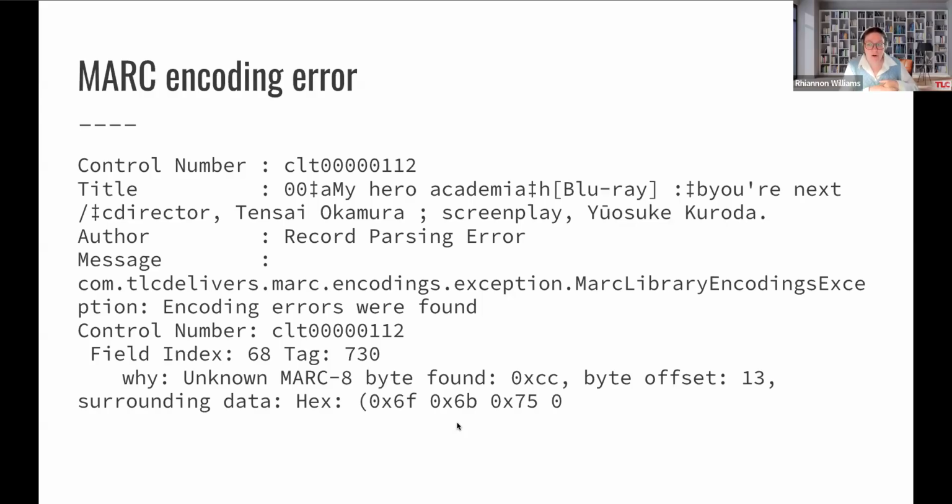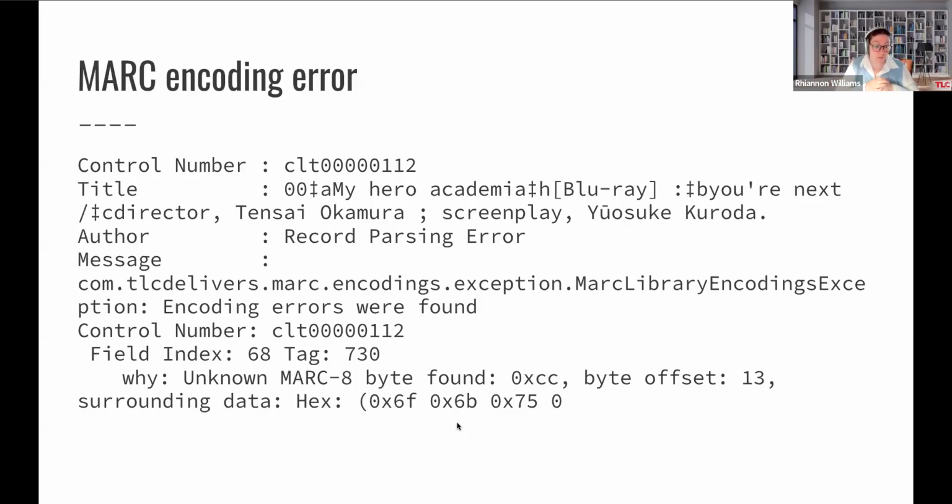The records that you are editing in LS2 cataloging, you're adding Unicode characters. It's a Unicode compliant editor, and it's going to prioritize using Unicode characters when it can. But when you're bringing in a MARC 8 record and it has Unicode characters in it, it gets very confused.